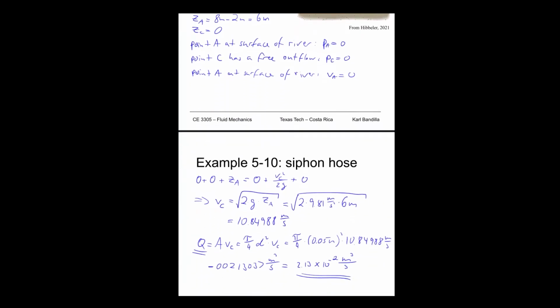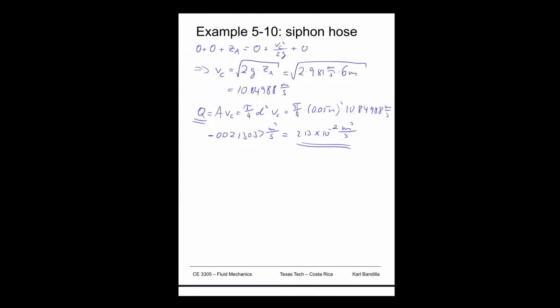So we can go through the whole thing again now with point B. Right? So we can write Bernoulli's equation again. We can say PA divided by gamma plus VA squared over 2G plus ZA is equal to PB, which we're looking for, over gamma plus VB squared over 2G plus ZB.